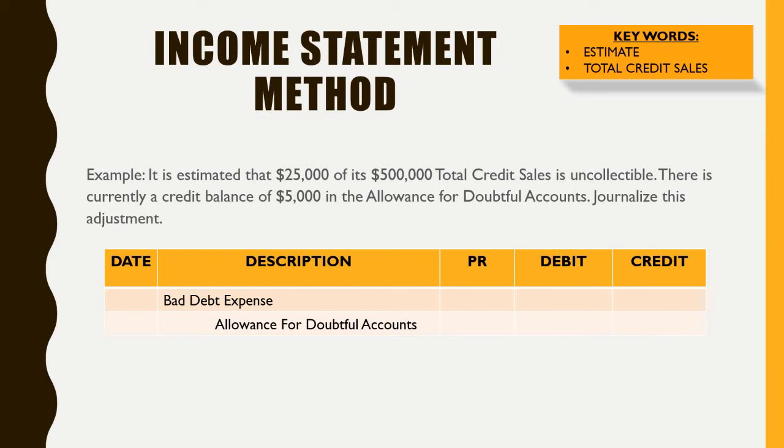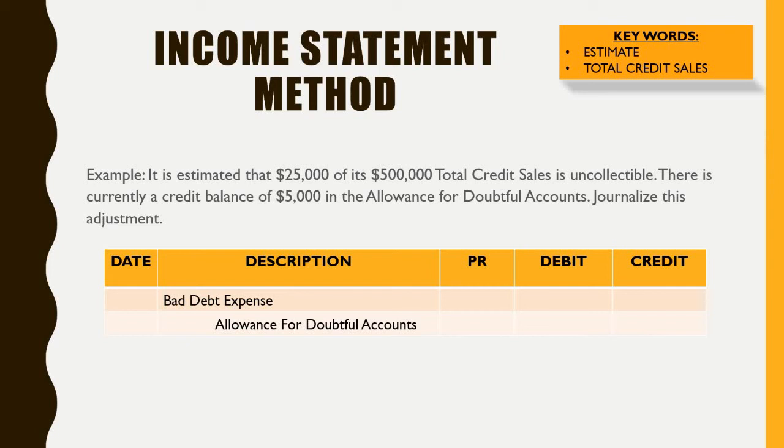So in this case, we're still on the income statement method. Why? Because of two things we looked for. First, we have the estimated amount, 25,000. Second, the thing that determines which method we're using is the phrase total credit sales.